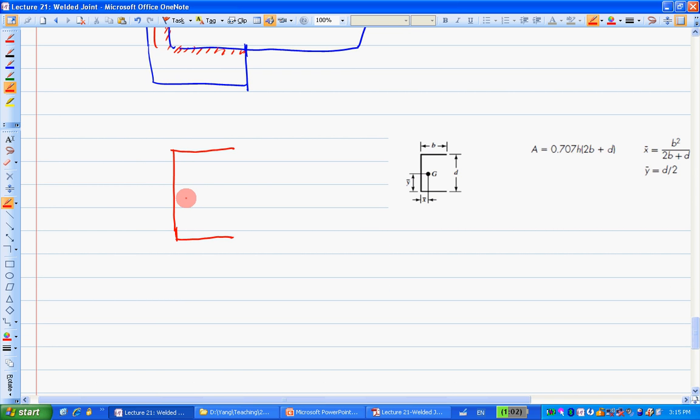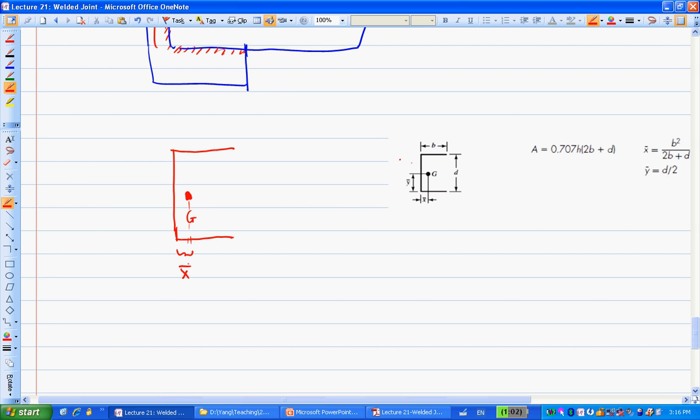So basically your centroid is somewhere over here. Okay, centroid is here, and this is X bar like this.